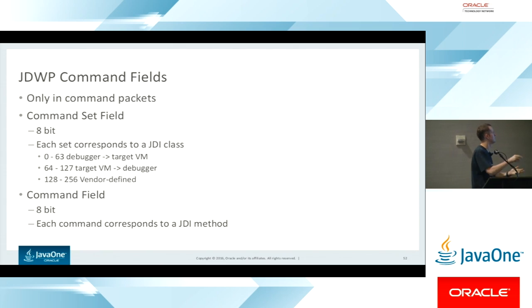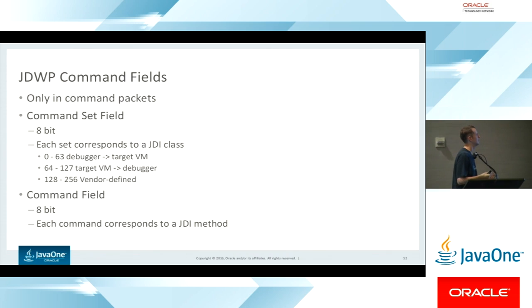And then the bottom half of that address space is divided between 64 that go in one direction from the debugger to the debuggee, and the other 64 are the debuggee back to the debugger. So when I say commands, it's not just from the debugger to the debuggee.